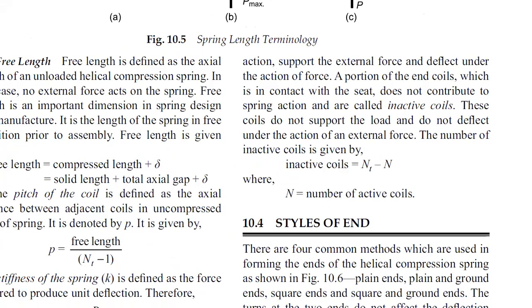A portion of the end which generally comes in contact with the seat does not contribute to the spring action, so they are called inactive coils. They are just there to be attached somewhere else. So inactive and active are very important. Inactive means whatever active coils you have, apart from them, they are called inactive. So inactive is equal to total minus active.